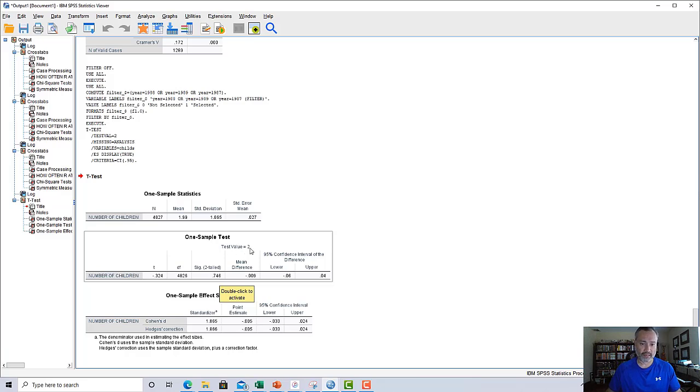And it'll reiterate for you here, test value equals 2. So we got an average of 1.99. It is not significantly different than 2. So we cannot conclude that the population parameter is different than 2 based on our sample that has an average of 1.99. So not statistically significant is your takeaway, meaning not different than the test value. That's it. That's really all there is to the one sample t-test.